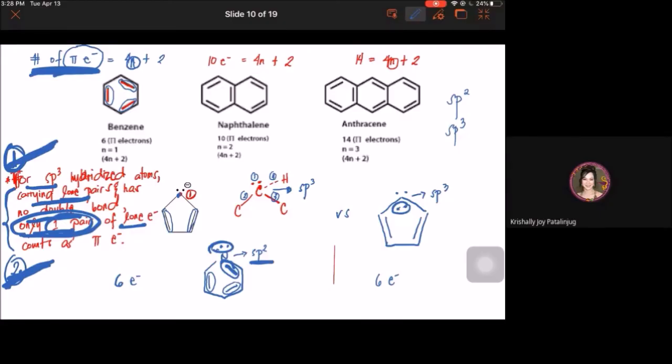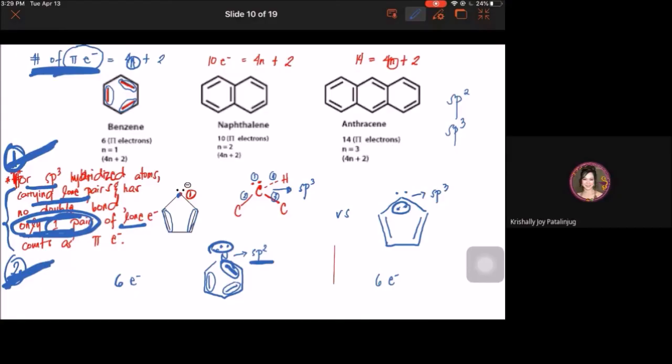Then for the second statement, if you find out that the atom is sp2 hybridized, meaning it has a double bond, that is the best hint to consider. It is automatically sp2 hybridized.